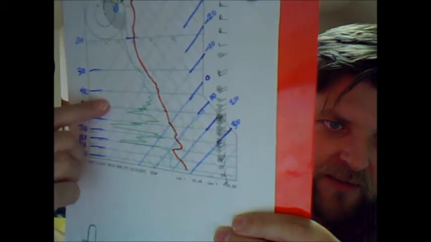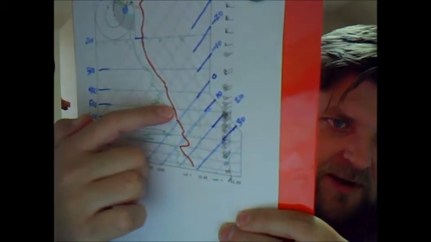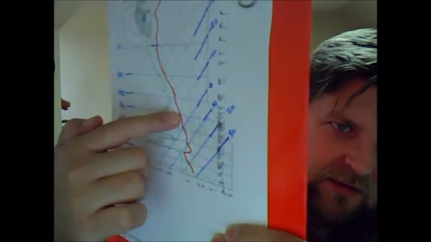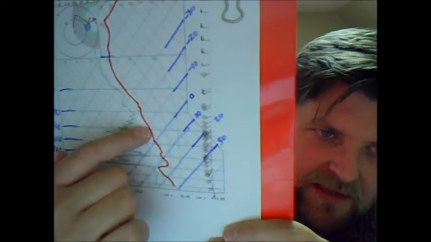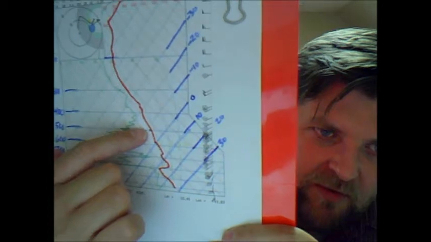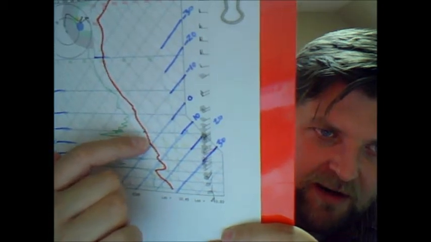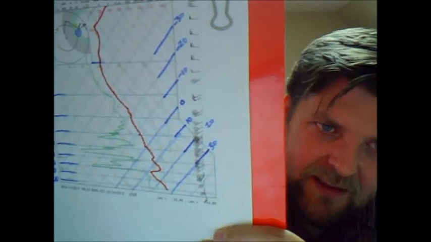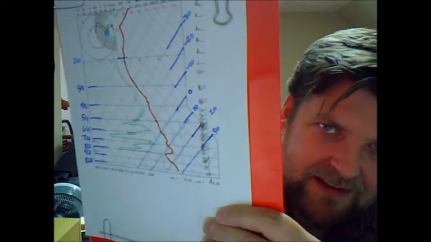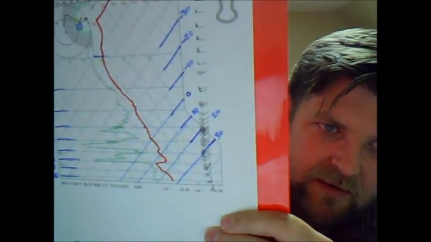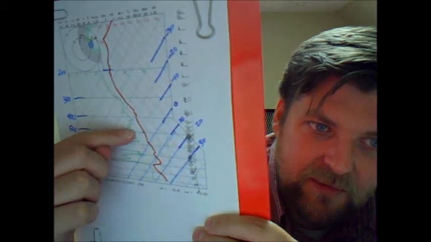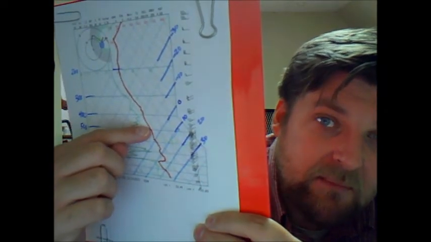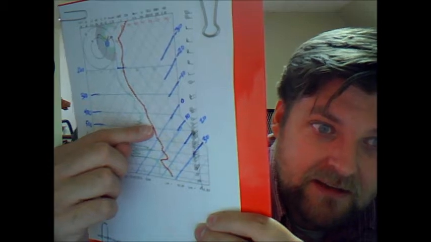So you would find the 500 millibar line, come over here and find the red trace, and you would see that based on the diagonal temperature traces, that red trace crosses the 500 millibar really close to the -10 isotherm. So the temperature at 500 millibars would be, I don't know, about -8.